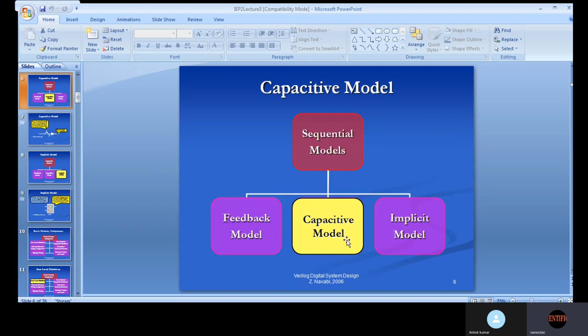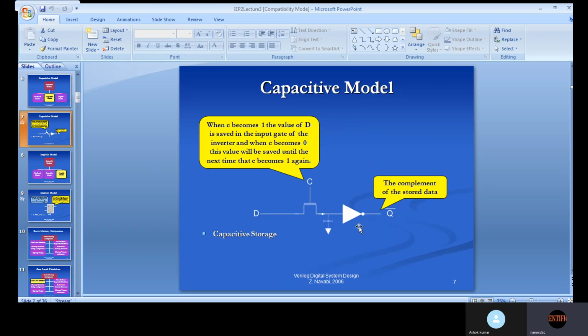Next is the capacitive model. Here, whatever the value is, this control signal, whenever you are giving control equal to 1 or control equal to 0, this MOS will be turned on or off. Whatever the data is there, the data will come to this point.